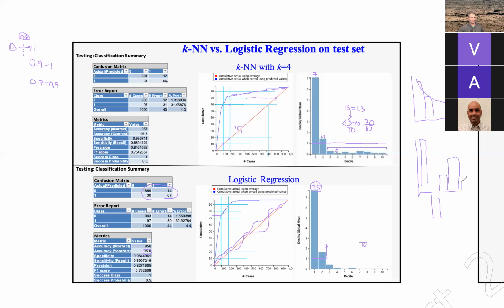Can it go negative? Yeah, it can go negative. If the line is under here, it'll be negative. Oh, okay. I guess it wouldn't. Maybe it can't go negative. It would just be less than 1, I guess.